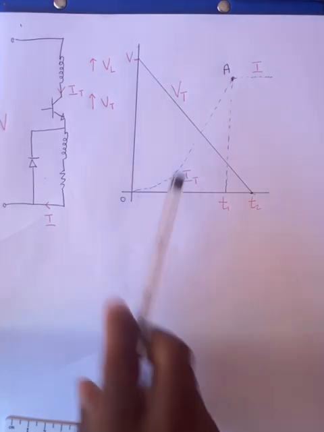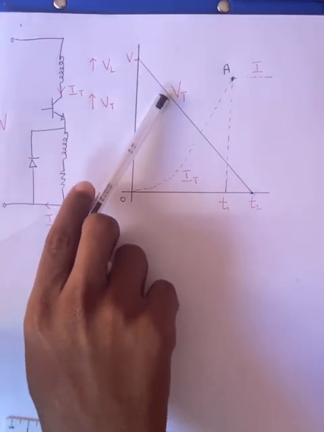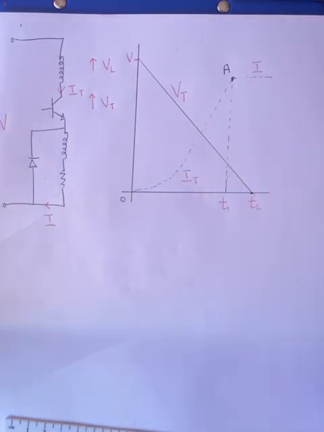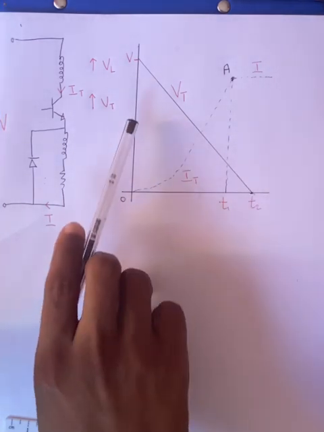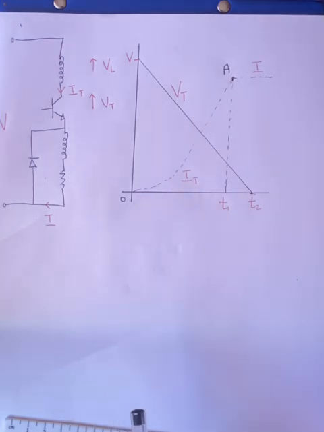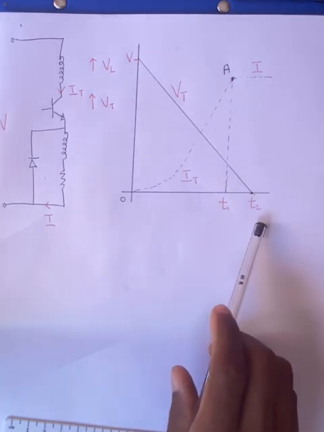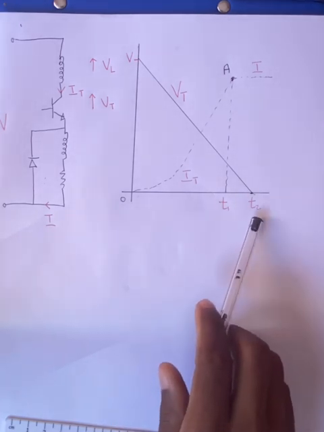Then you'll notice we also have VT over here. VT essentially speaks of a linear drop in voltage. Then we also have T1 and T2. What is T2?